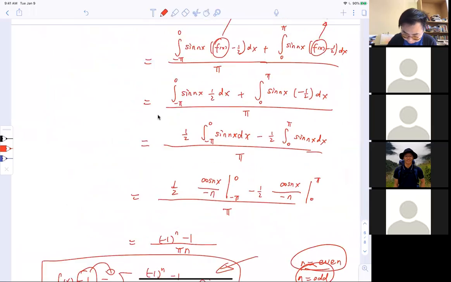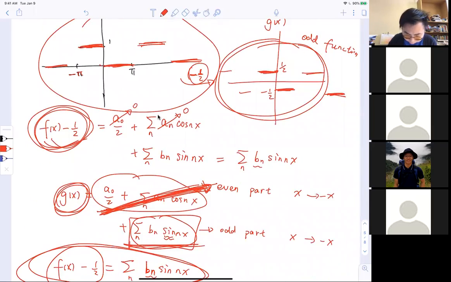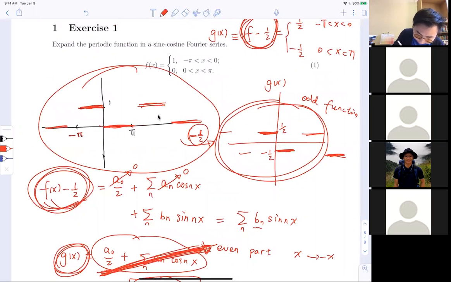By the way, you can also check the Dirichlet theorem. We know that the expansion should converge to this middle point, which is 1/2, for x equal to 0 or x equal to pi, or n pi in general.